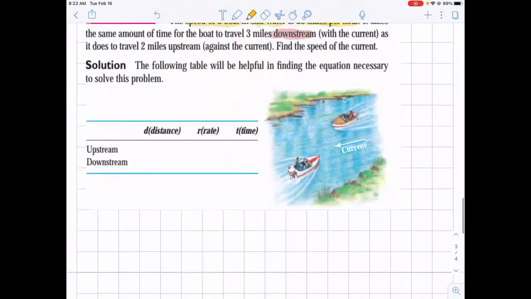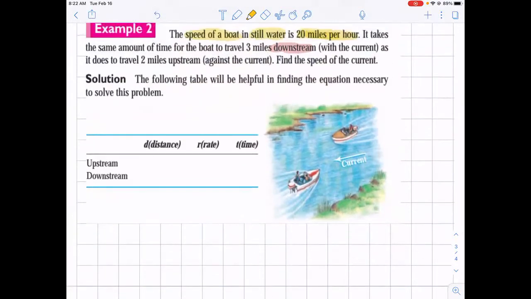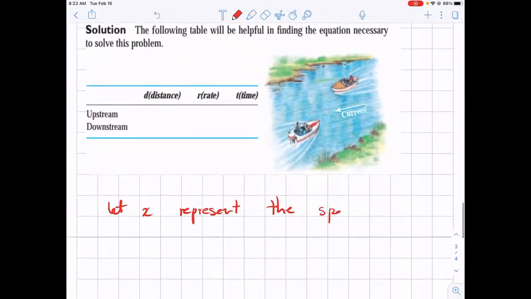So we can say, let X represent the speed of the current, not the boat. So let X represent the speed of the current.